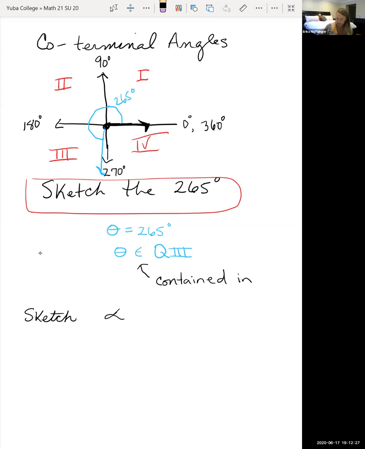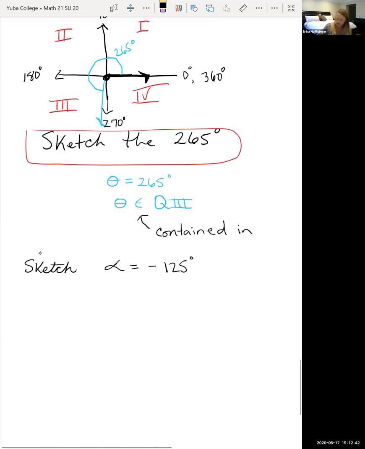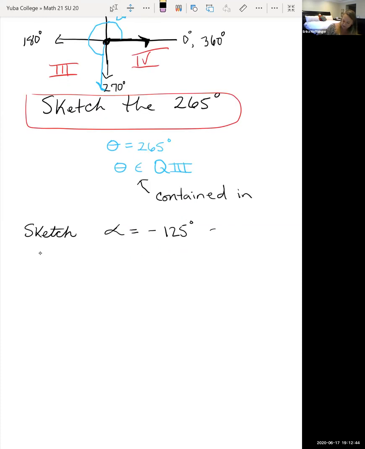So let's sketch the angle. Alpha is equal to negative, I don't know, 125 degrees, and determine the quadrant it lies in.